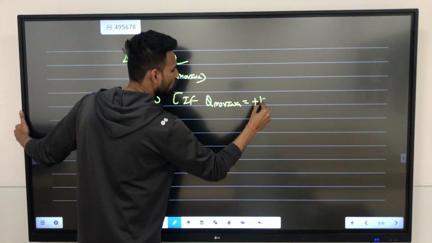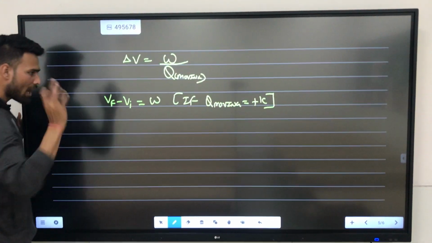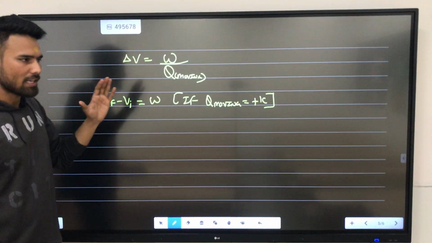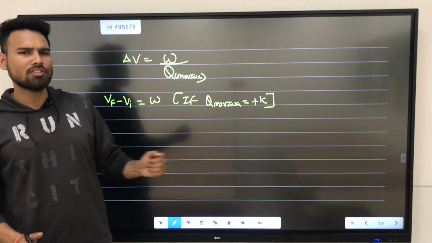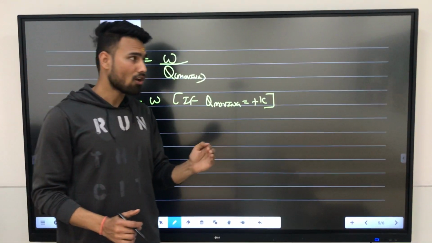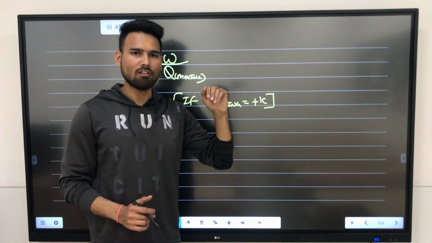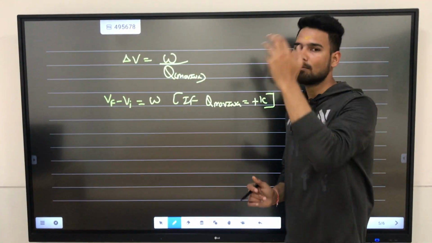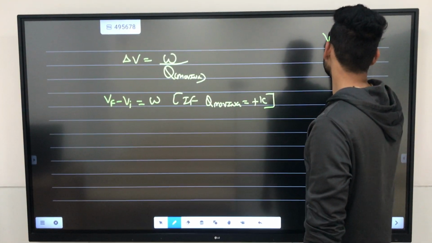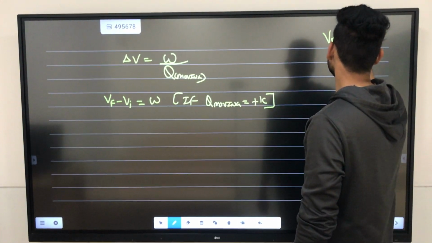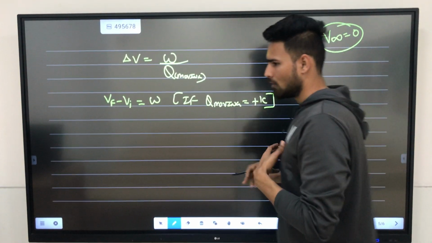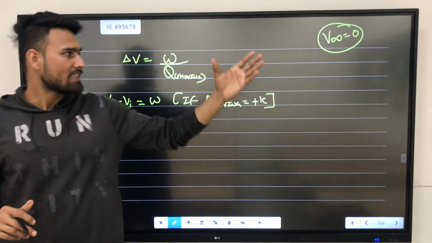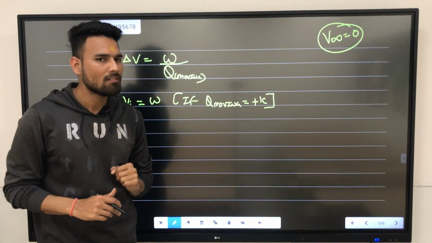Now if I say that the potential of infinity is 0, I am defining it for my reference. I am defining that the potential at infinity is 0.